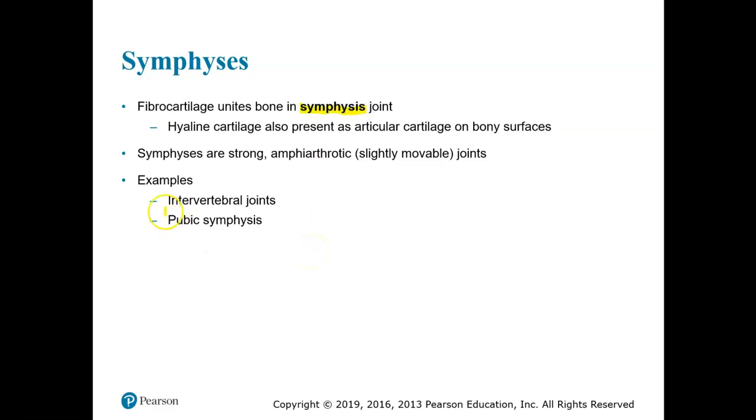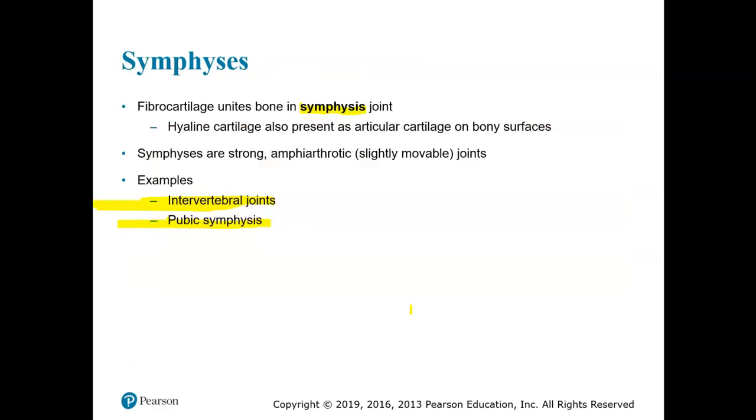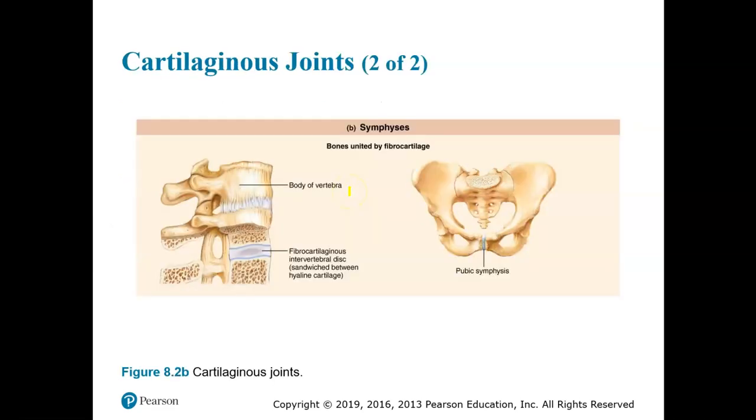A symphysis can be the intervertebral joints between the vertebrae, or the pubic symphysis, where the pubic bones meet. Here you see a picture. These are slightly movable or amphiarthrotic joints.